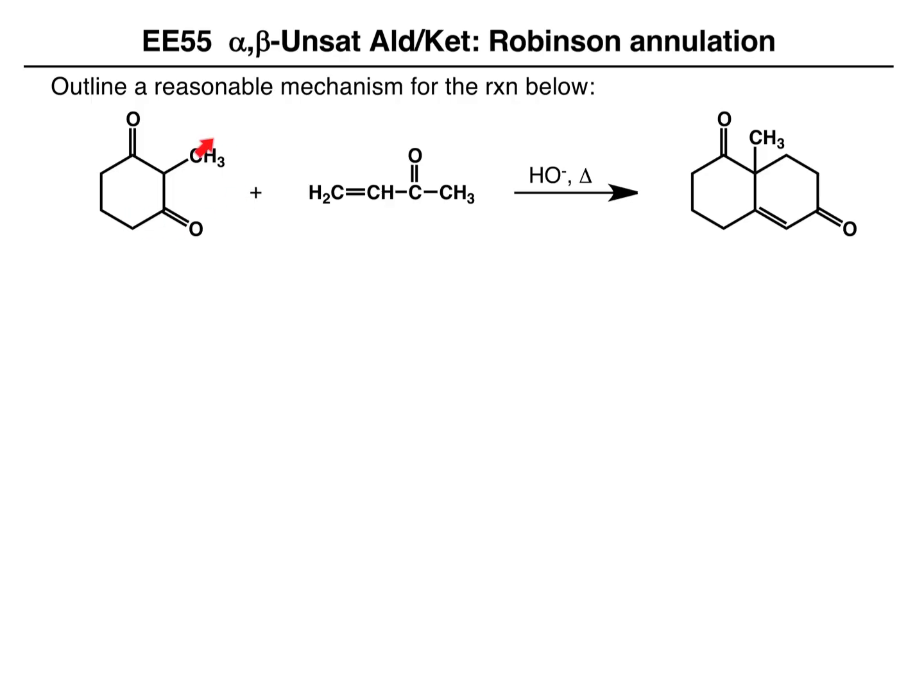Well, first of all, if we have both of these species present and we treat it with hydroxide, this is the most acidic hydrogen, so this is the one that will get deprotonated.